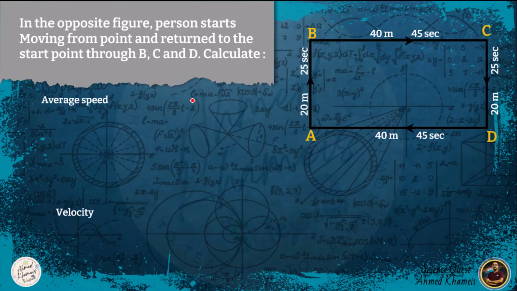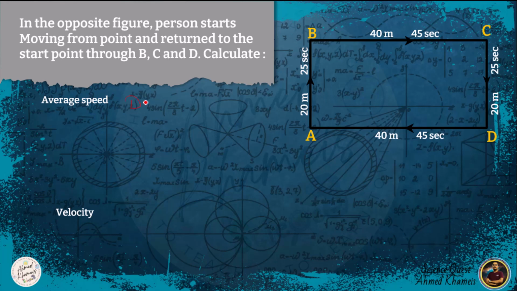So in this figure, a person starts moving from point A and returns back to point A, passing by points B, C, D, and A. So calculate the average speed and velocity. In order to calculate the average speed, we first need to calculate the distance.